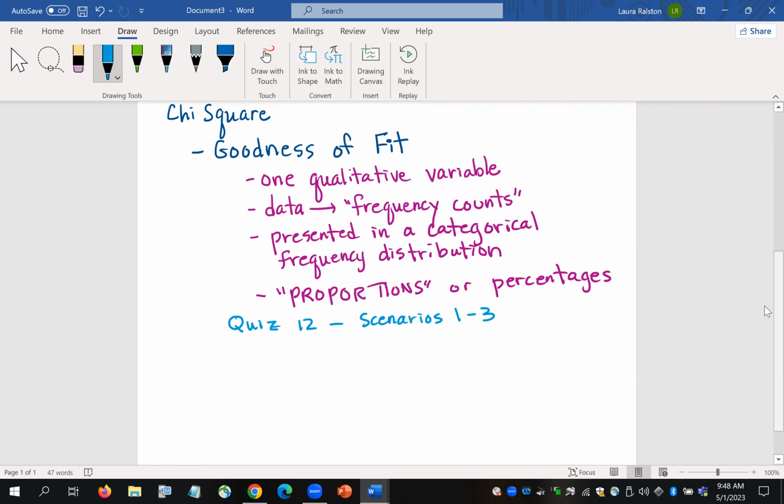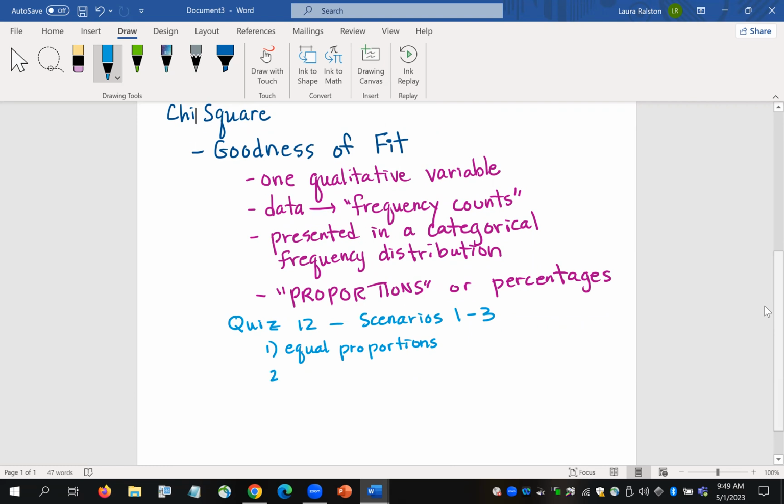The other thing you have to remember with goodness of fit, you could have equal proportions, which basically means we're saying that all of the categories are equally distributed, or they have equal proportions. They're all the same.